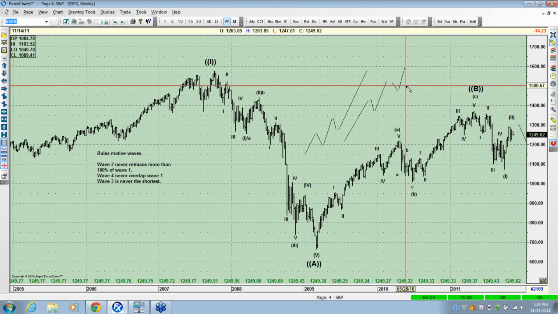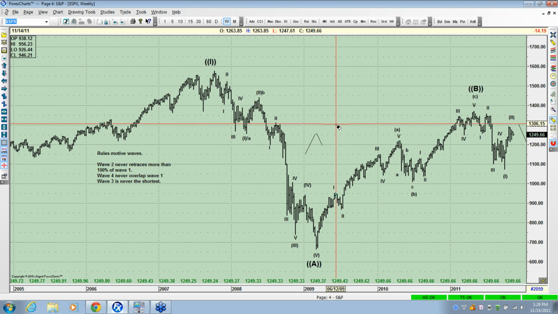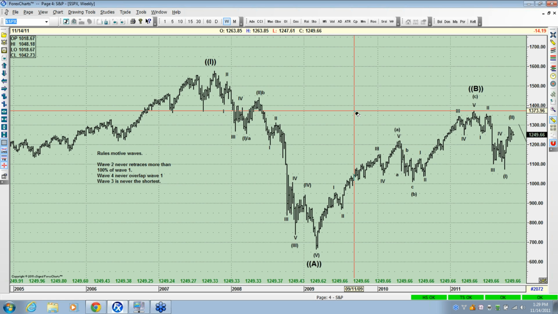What happens is that most of the time, wave 3 is the most powerful and the standard one. That's the most common event, but it does not necessarily mean that wave 3 always needs to be the standard one.